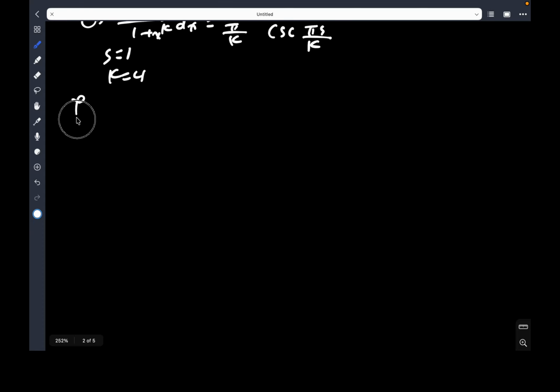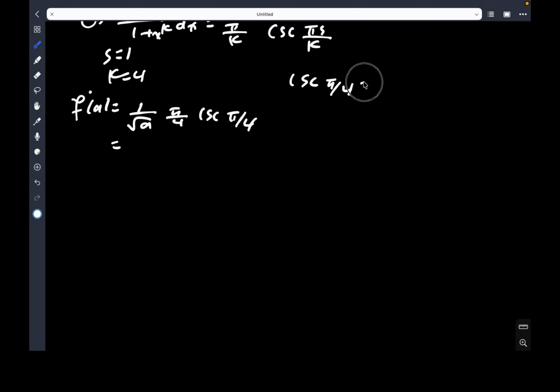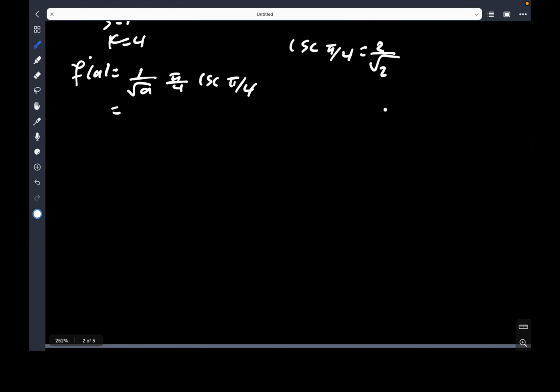Thus, my f prime of a equals 1 over root a times pi over 4 cosecant of pi over 4, and cosecant of pi over 4 is 2 over root 2, which is going to be 1 over root a times pi over 2 root 2.